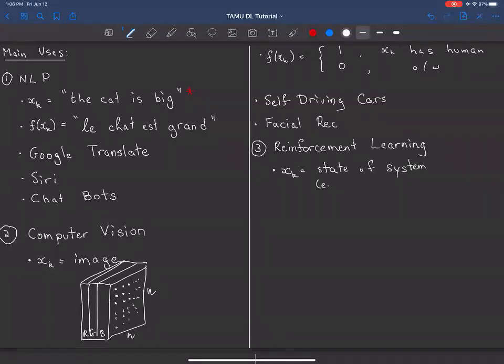So you can think roughly something like the position of a chessboard. There's usually an enormous possible number of states for a system, and xk might be the current state of that system. And then your goal, f of xk, might be to find the reward maximizing action.